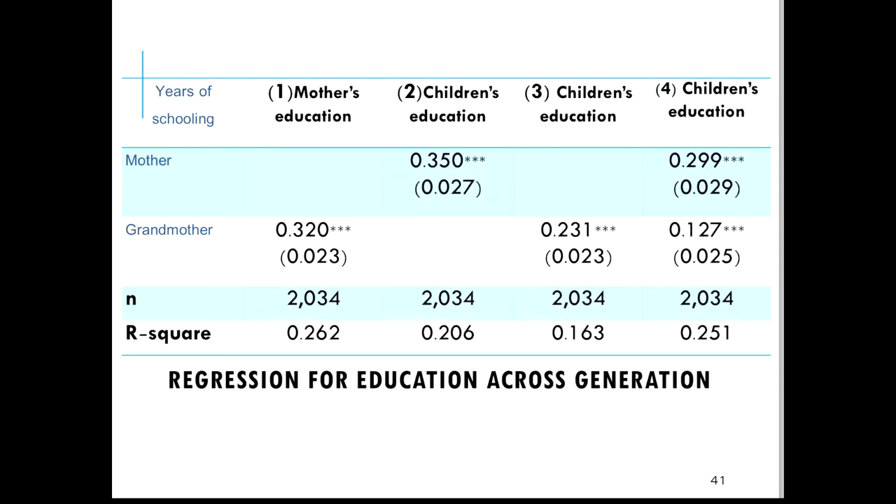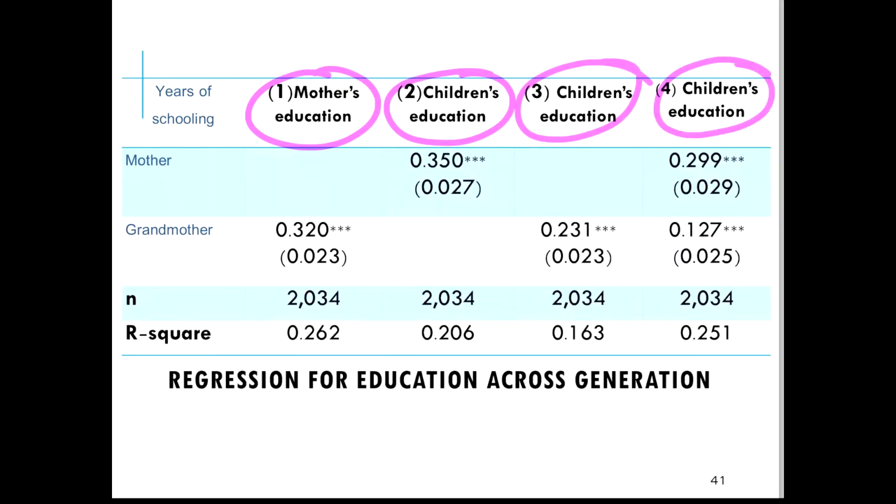We have 4 equations. In the first, the mother's education is the dependent variable. Then in the next equations, the children's education is the dependent variable, but they have to plug in the independent variables to test the hypothesis that I said.